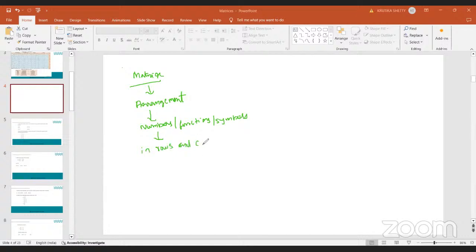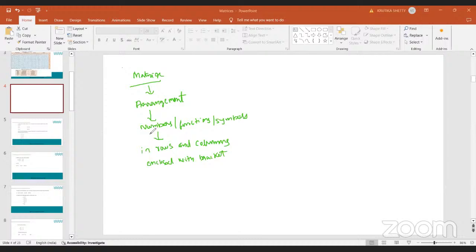And all these elements are enclosed within a bracket. So this is the definition of a matrix.